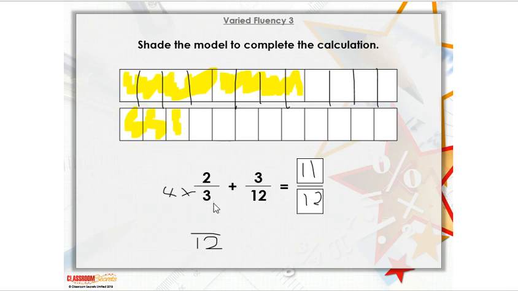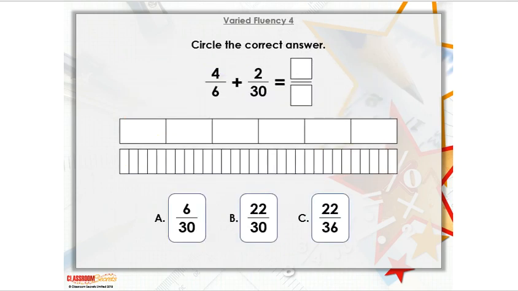And what we do to our denominator, we do to our numerator. 4 times 2 is 8. So we'll cross that out. This is our new fraction. 8/12ths, add 3/12ths, 8, 9, 10, 11 is 11/12. Shade the model to complete the calculation, and we've double checked to make sure we're right and used all our skills. Let's have a quick look at the last type of calculation.